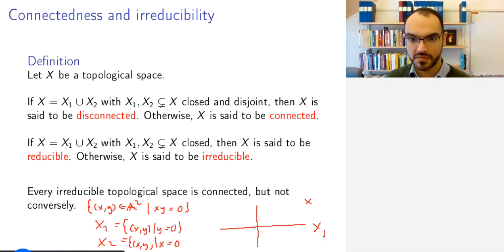So this is X1 and this is X2. And since both are given by zeros of polynomials, they are both algebraic sets, so they are closed. And so we have managed to write our space X as the union of two closed subsets. They are not disjoint, they intersect in this unique point, the origin.